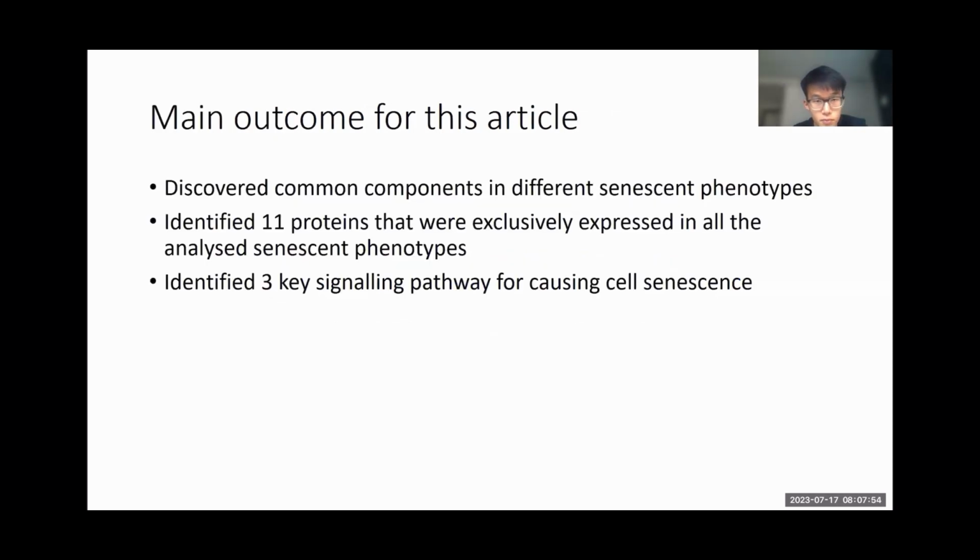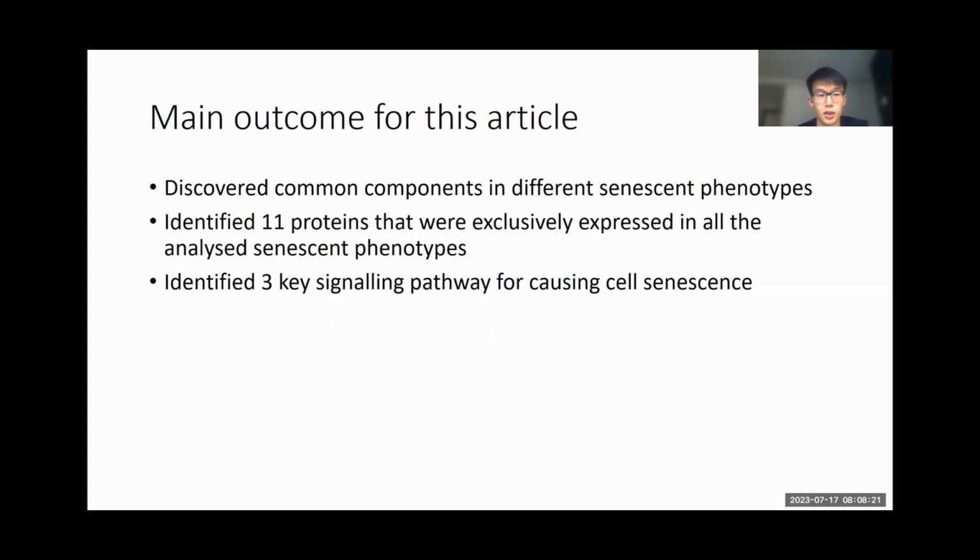Mainly, the article discovers common components in different cell senescence phenotypes, identifies proteins that exclusively exist in those phenotypes, and defines 3 key signaling pathways that cause cell senescence in different ways.